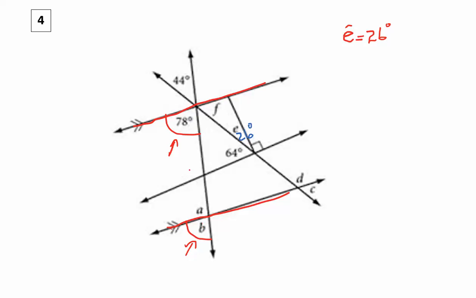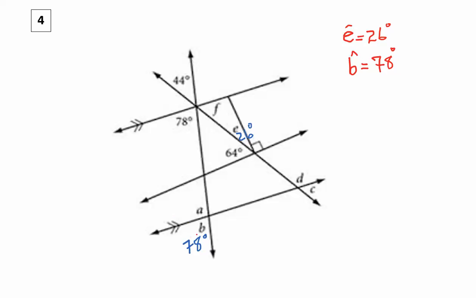So angle B will be the same size as 78 degrees, because that's what my rule tells me. Corresponding angles are equal. So angle B is going to be the same size, 78 degrees. Angle B is 78 degrees.